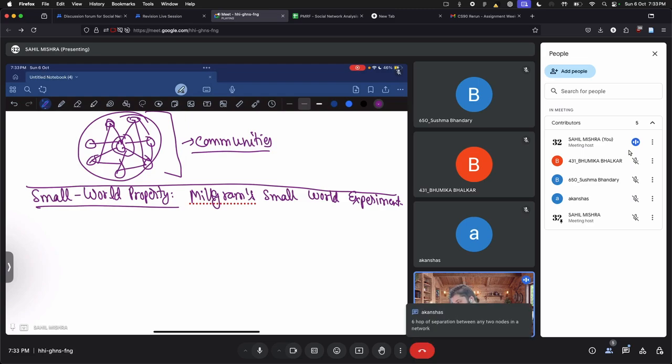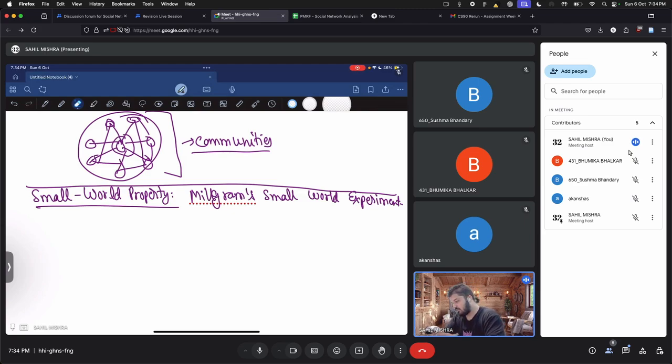So the small world property: six hop separation between any two nodes in a network, correct. This experiment was done in 1967, when there was no social media. It proved that local networks, not Facebook or a big network, but local ones like office email communications, or the colony you live in, have a maximum average path length of 6.